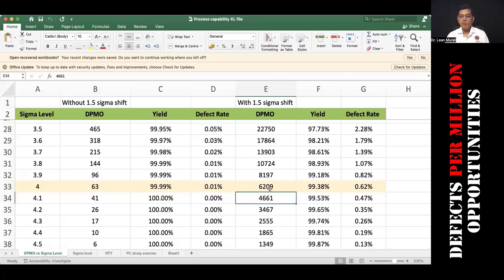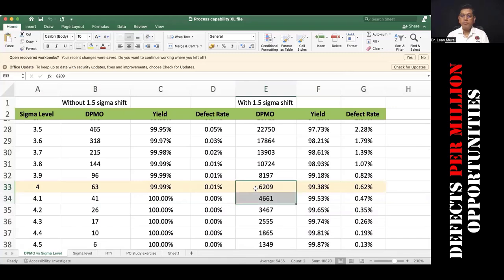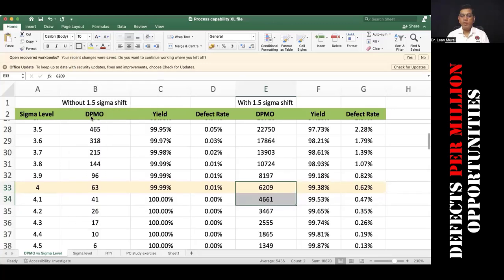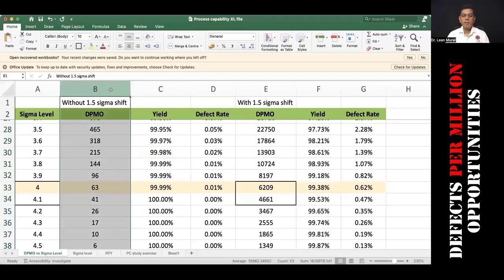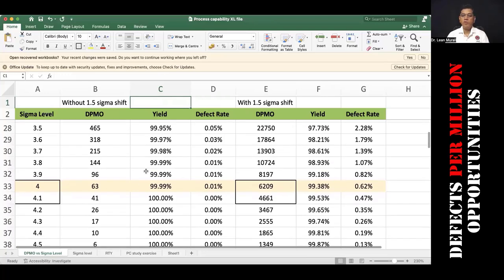You see that it is between these two. Let me put a thick border around this. It is between 5555, so it is 4 to 4.1. I'll explain while doing the process capability study why we should do it with 1.5 sigma shift.